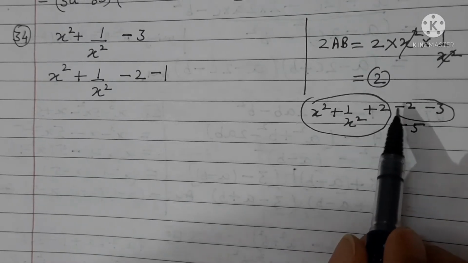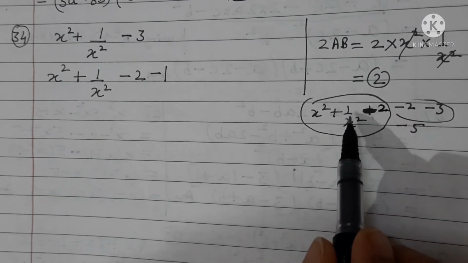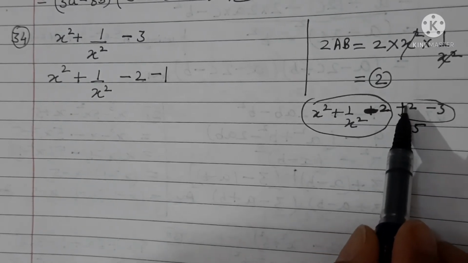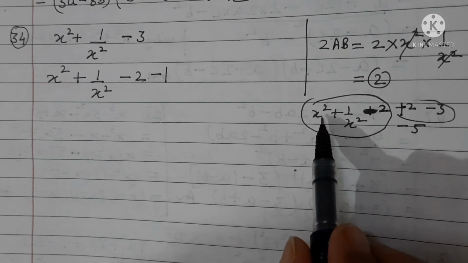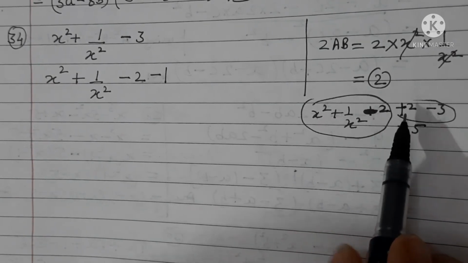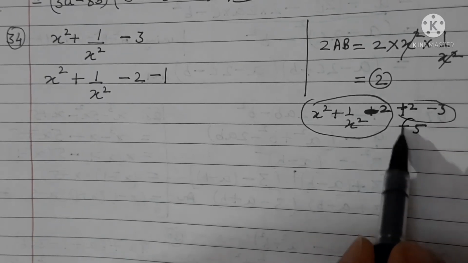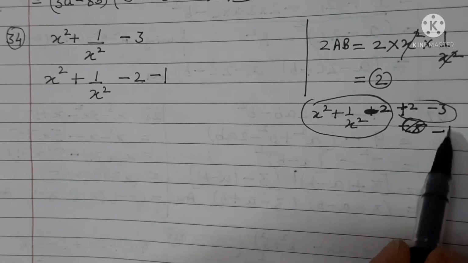We are trying to make it by putting minus 2 here and plus 2 outside. So this will be x minus 1 upon x whole square, and by these two terms you will get minus 1.